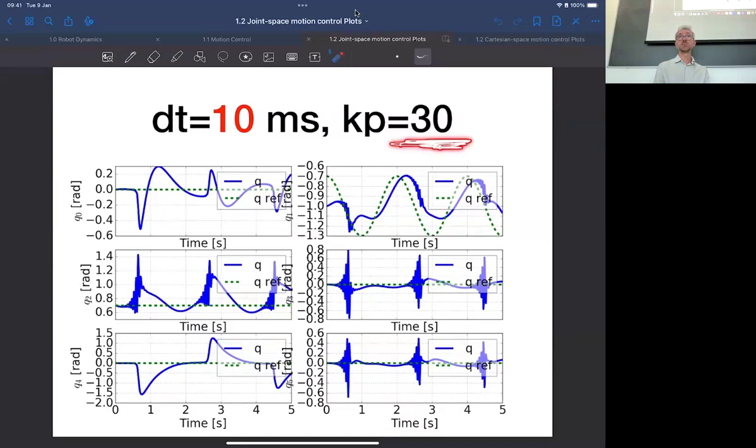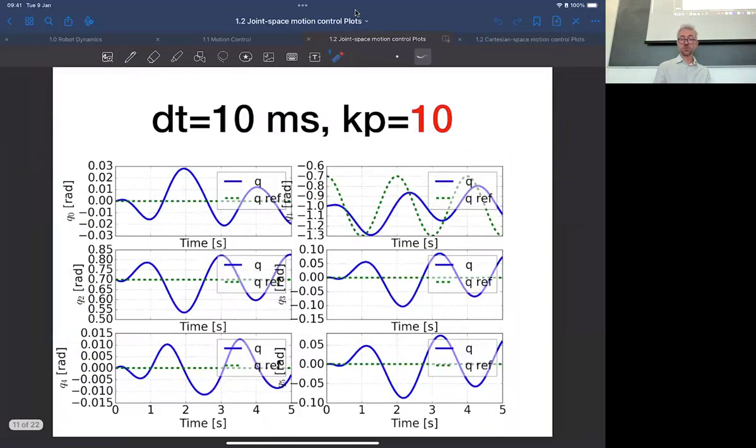It's too high a gain. So what you need to do to make these oscillations disappear is decrease your gain. So I went from 30 to 10. And now the oscillations disappeared. The problem is the tracking now is worse than it was before.